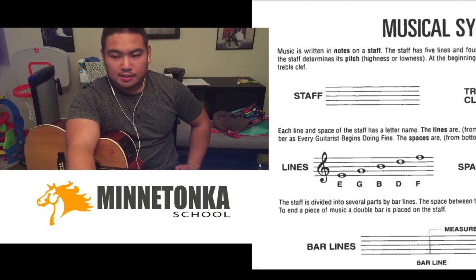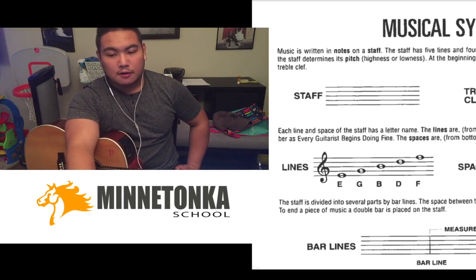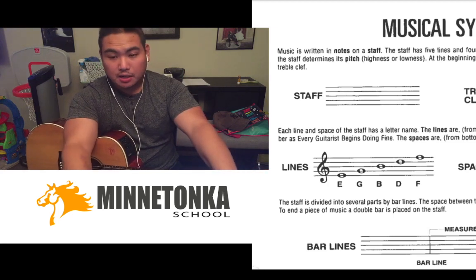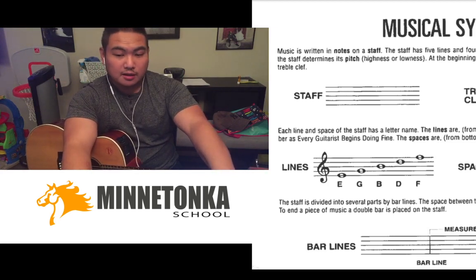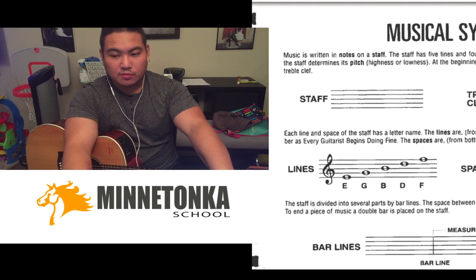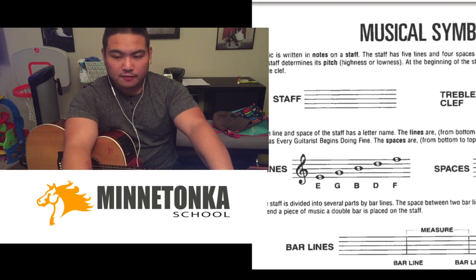A common sentence that people use to remember E, G, B, D, F is, every good boy deserves fudge. And you could make any other one. The one in the book here says, every guitarist begins doing fine. So that's just an easy way to remember the notes for the lines.